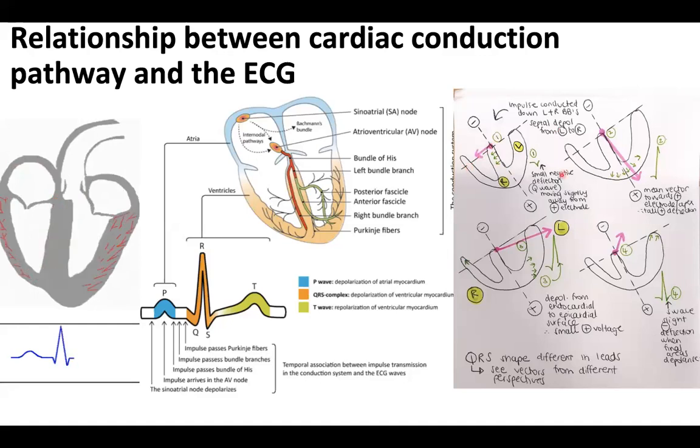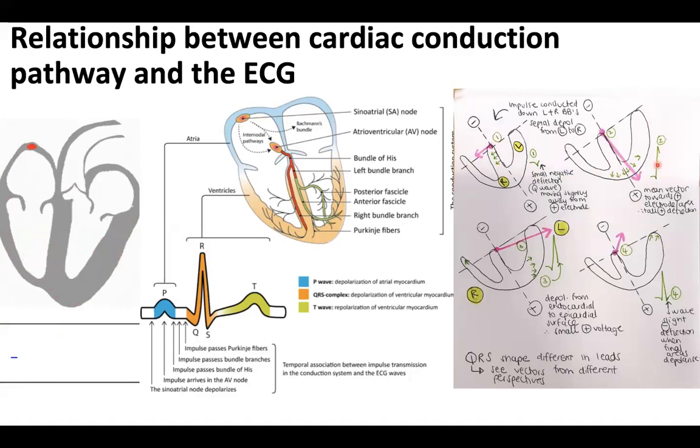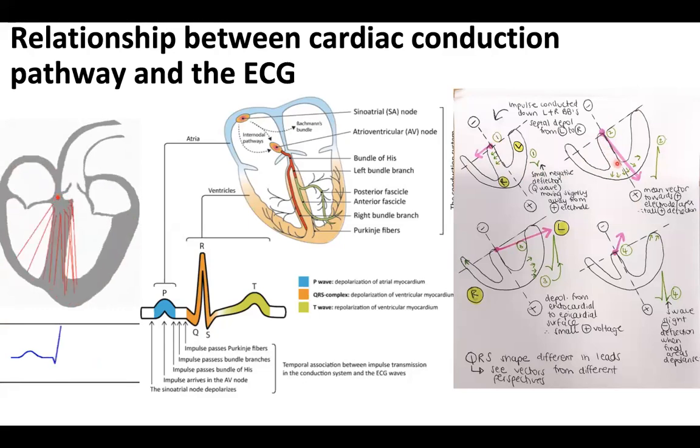And this causes the small negative deflection, also known as the Q wave, on the ECG. And then in terms of the second diagram here, the impulse then moves down the bundle branches and then into the actual ventricles.